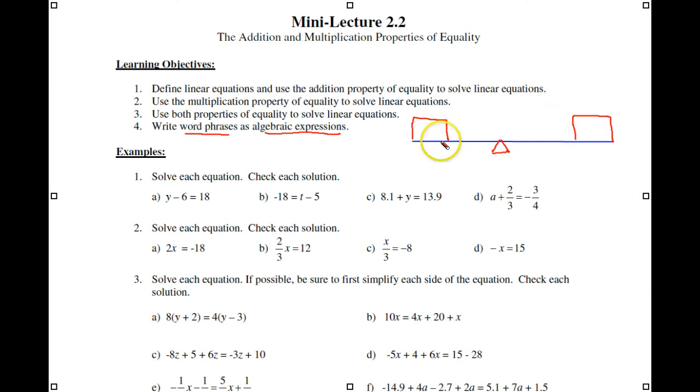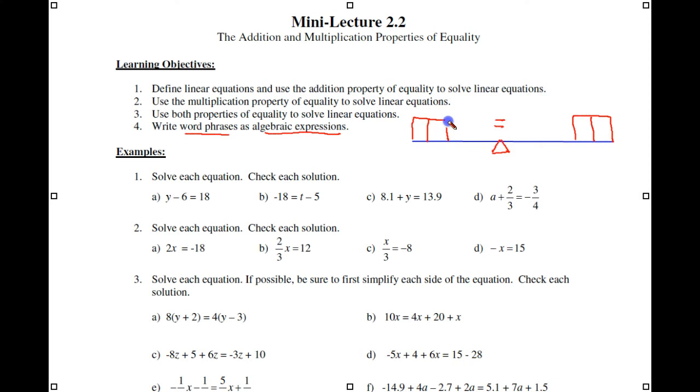So this board is balanced. And in a sense, we can put like an equal sign there, indicating that what's on this side equals what's on this side.